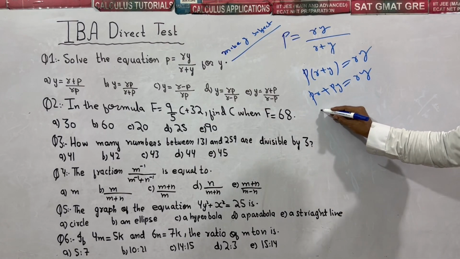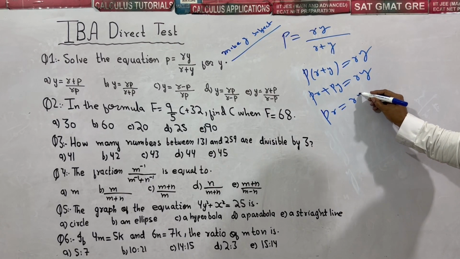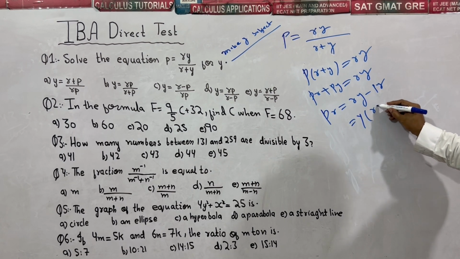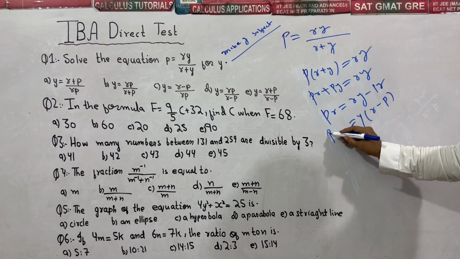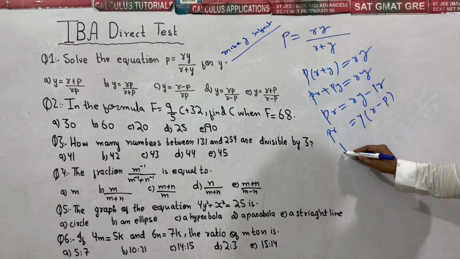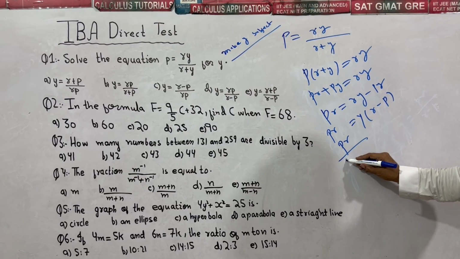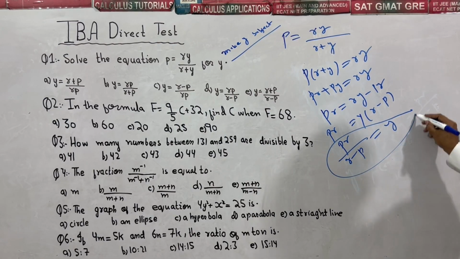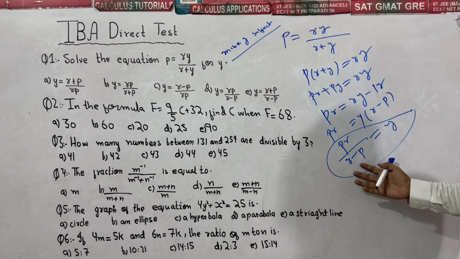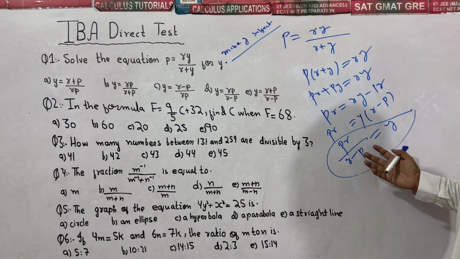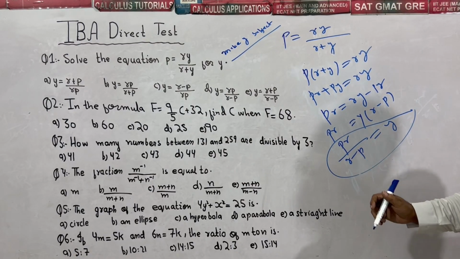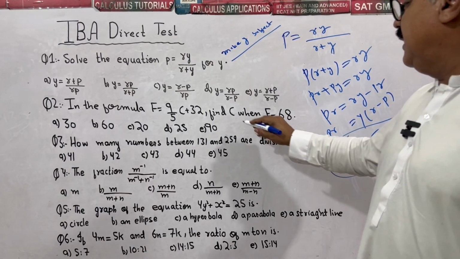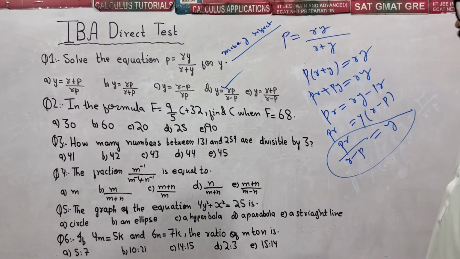Shift py here, it will become pr is equal to ry minus py. Taking y common, we have (r minus p) y equals pr. Or shift this quantity there, pr divided by r minus p. That's the value of y. Either take negative common, or write in that fashion. It's up to you. To solve is your ability here. In that case, our right option is pr divided by r minus p.